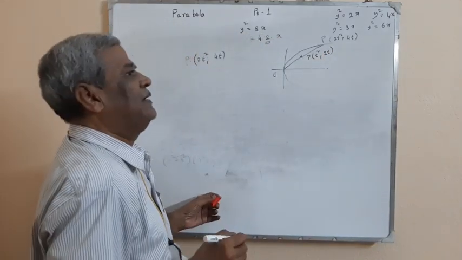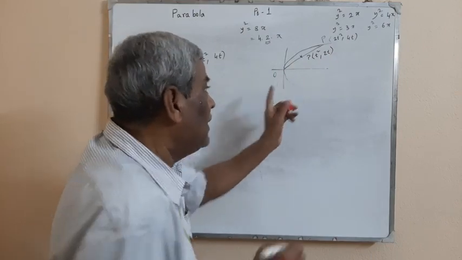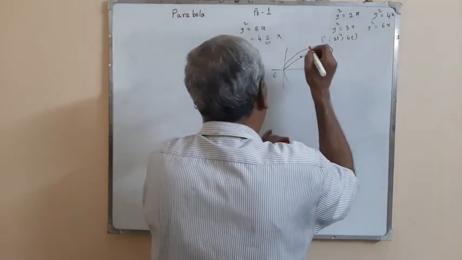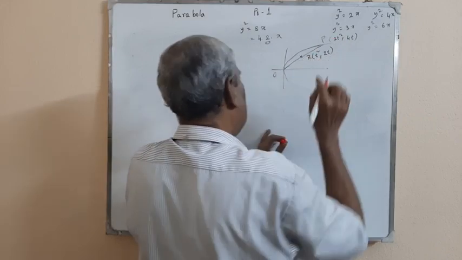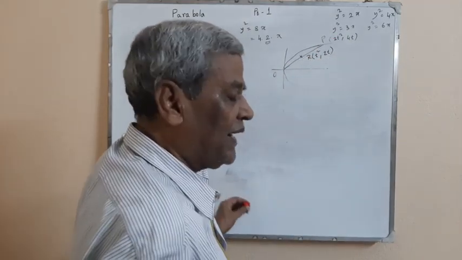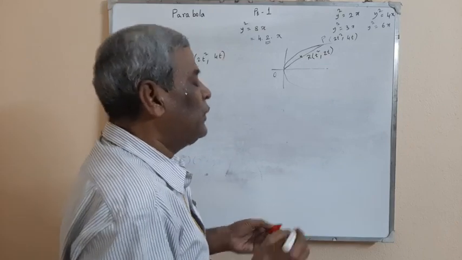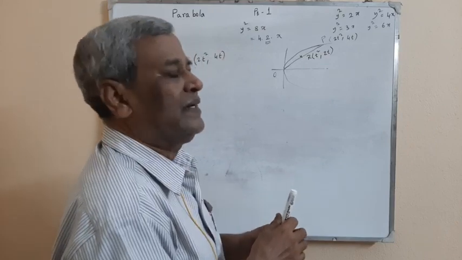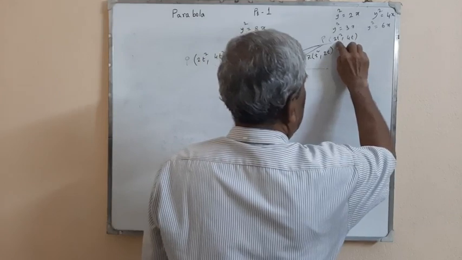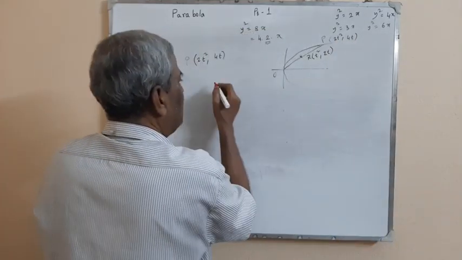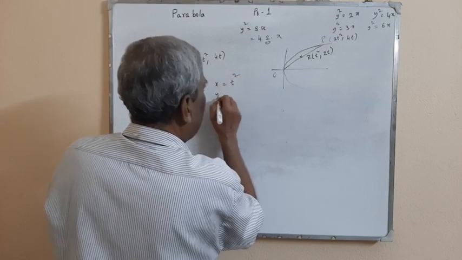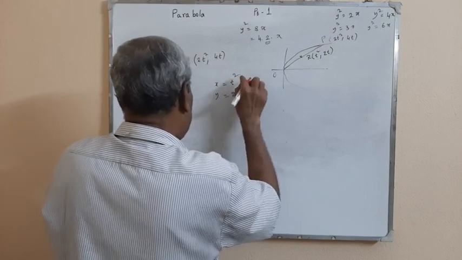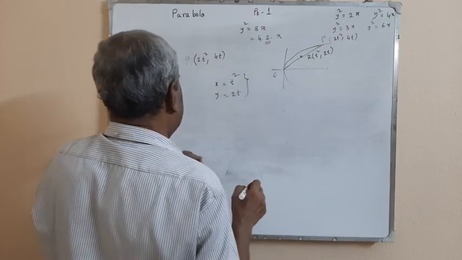Now this is midpoint of the chord OP. R is the midpoint. We have to find locus of R. So from locus, we have to eliminate the parameter, unknown quantity. t is the parameter here. So let us take x is equal to t square and y is equal to 2t. From there, eliminate t.